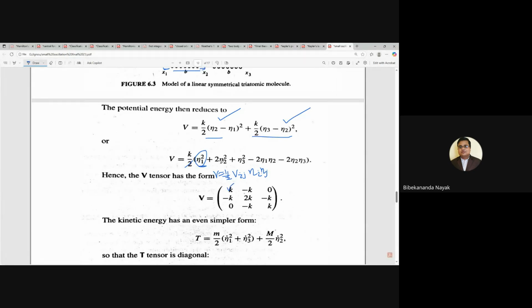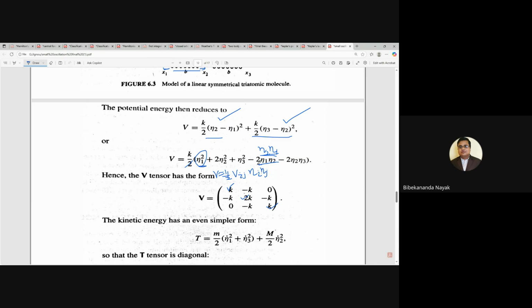V22 will be 2k, V33 will be k. Similarly, V12 and V21 will be the same. When there are product terms, like eta 1 eta 2, eta 2 eta 3, we divide by 2 and give it once in the 1 2 case and once in the 2 1 case.